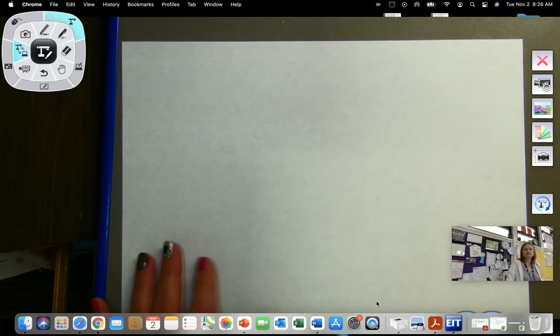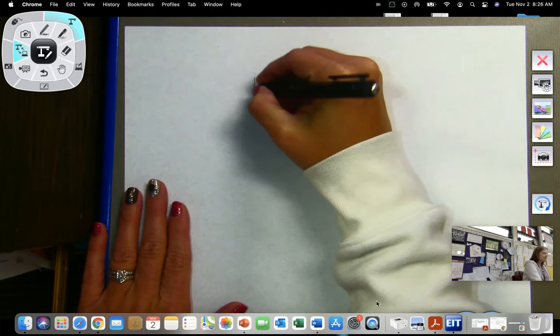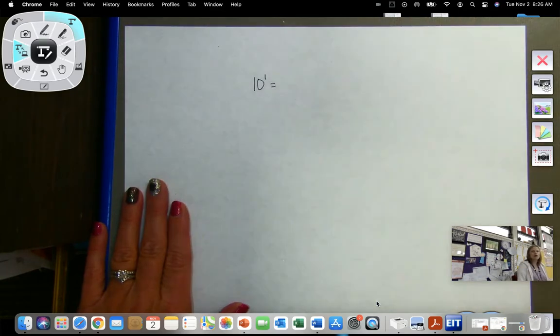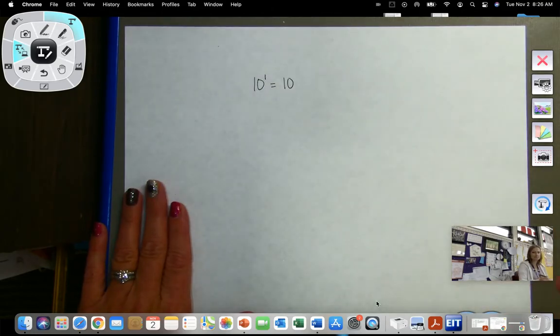The next thing I want to discuss is the powers of 10 because that's going to be important to this lesson. With the powers of 10, remember it's just a pattern. If we start with 10 to the first power, all that really means is that your answer is just 10 by itself. You're not multiplying it by anything.